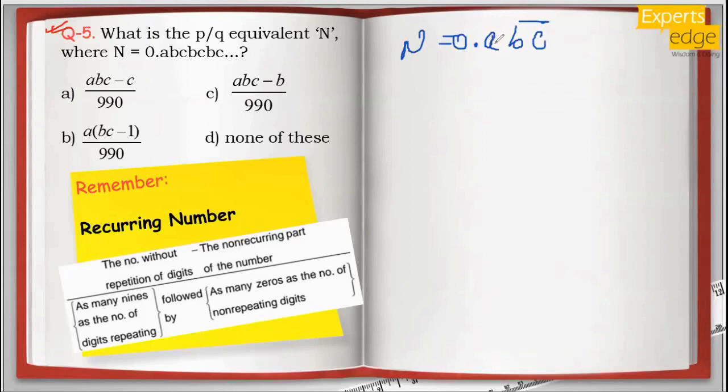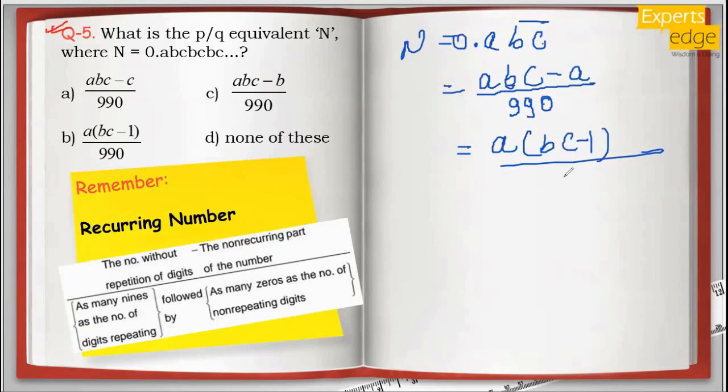So the simple funda we just saw: we need to write the number ABC minus non-repeating, that is A, upon as many 9s as there are repeating digits. B and C, 2 digits are repeating, so I'll write two 9s and a 0. I can take out a common, BC minus 1 upon 990, right?